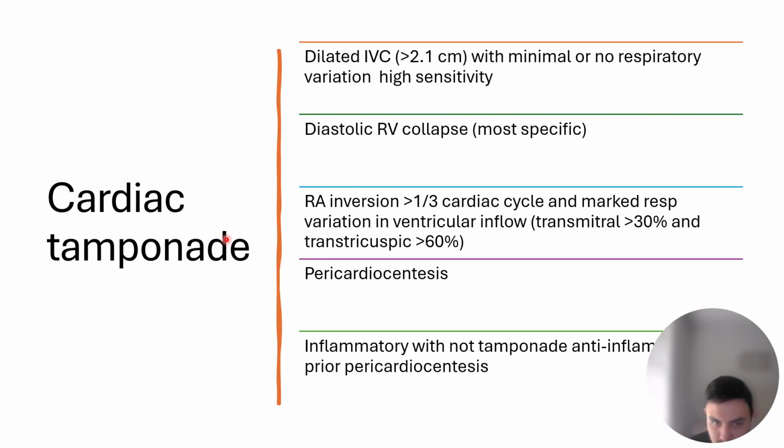First, cardiac tamponade. Cardiac tamponade is important. Why? Because it can cause cardiogenic shock. Why? Because the heart is equalizing pressures because of the pressure that is outside of the heart. How do you diagnose it? A dilated IVC has high sensitivity. You're going to have diastolic RV collapse, which is the most specific.